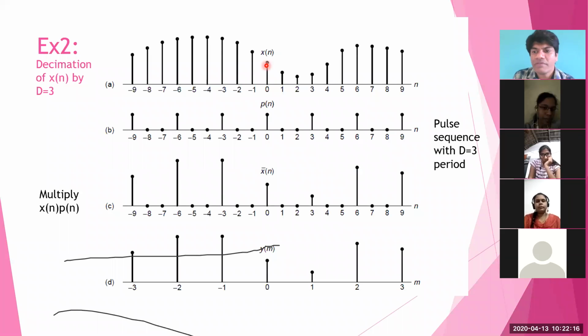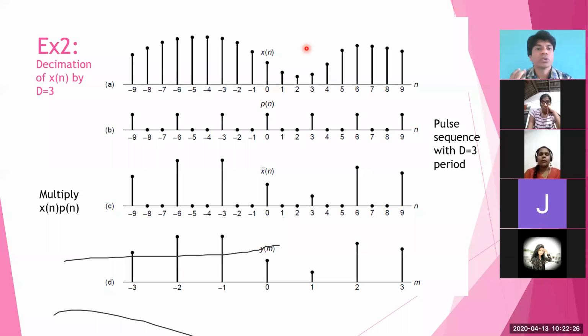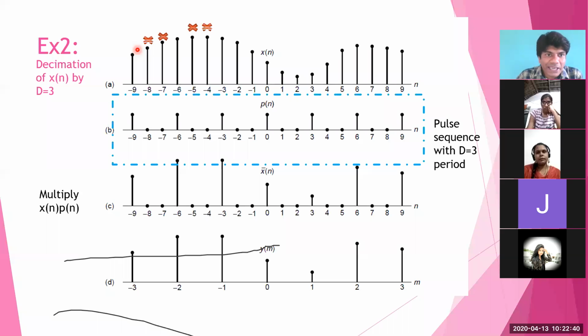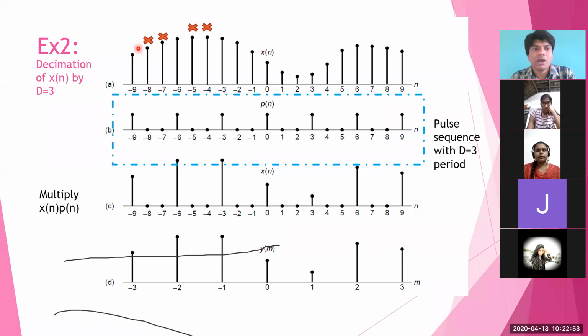So decimation by a factor of 3 means I have to drop how many samples between two successive samples? 2 samples. My goal is to keep this first sample and drop these 2 samples. Again, keep this sample without the cross mark, again drop these 2 samples. And this process will continue.